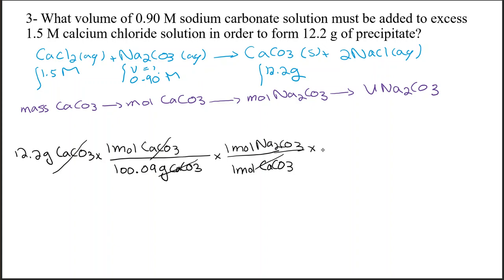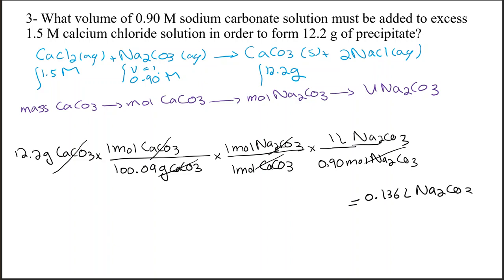And then in order to find the volume, we know that our sodium carbonate solution is 0.9 molar, so 0.9 moles of sodium carbonate per 1 liter of sodium carbonate solution. So this cancels out and we should end up only with the volume of sodium carbonate. So this is going to be 0.136 liters of sodium carbonate. In order to find the volume in milliliters, you multiply it by 1,000 and that would be 136 milliliters of sodium carbonate.